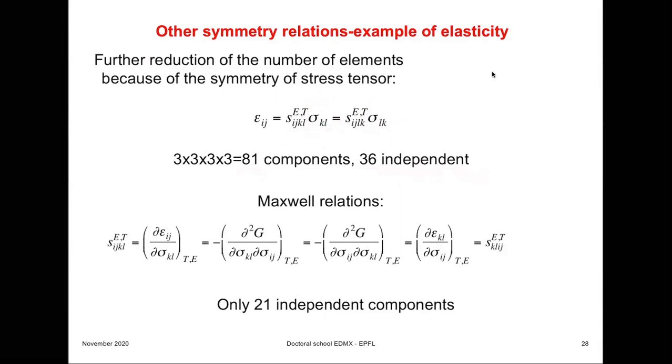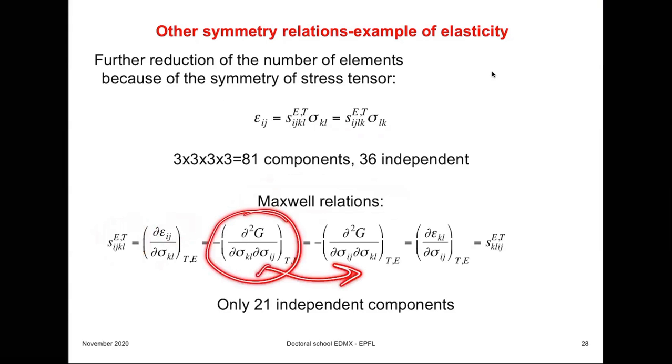And then we apply Maxwell relations. Here we start with the definition of S_ijkl as a derivative of strain with respect to the stress. We put the definition of the strain, which we showed on the previous slide, here.